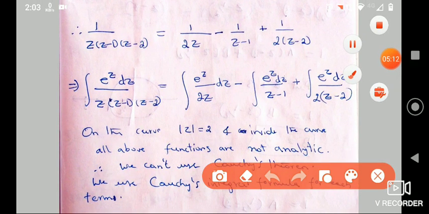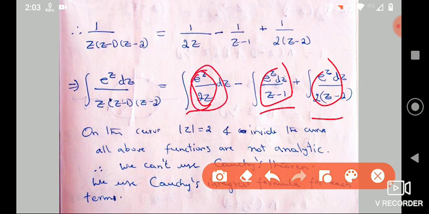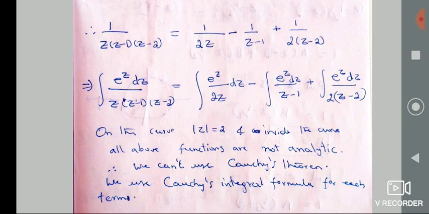Then for Cauchy's integral formula, what is f of z? We'll use Cauchy's integral formula or Cauchy's theorem separately for each term. So for the first term, f of z will be this whole thing, that is e power z divided by 2z, right?